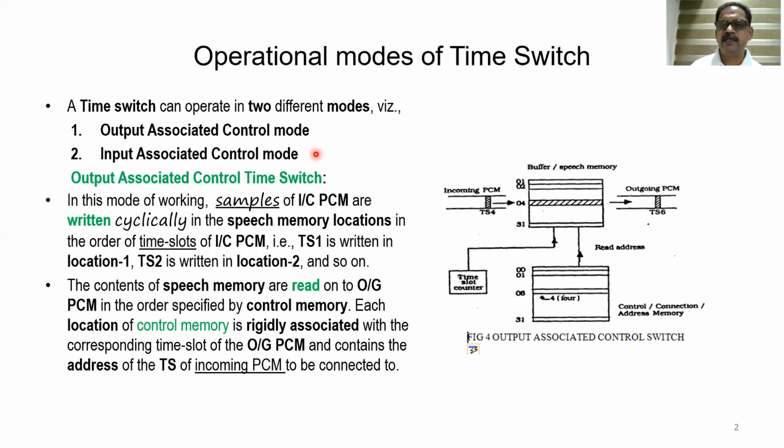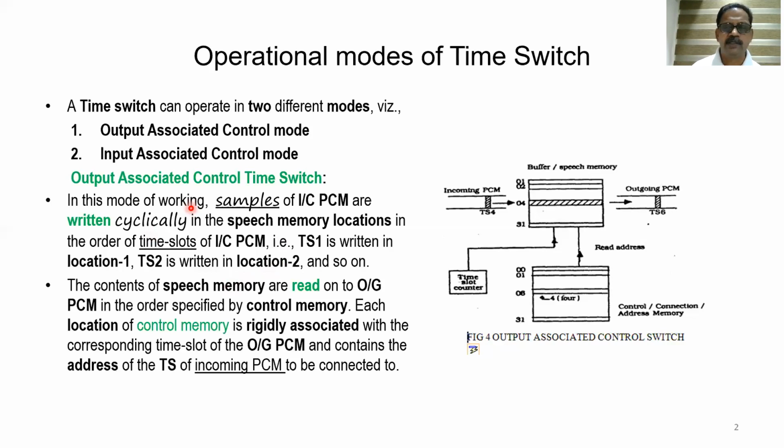As we were discussing in part 2, taking the output associated control as an example for understanding time switch, first we will discuss the association of the control in time switch, that is, on output based.